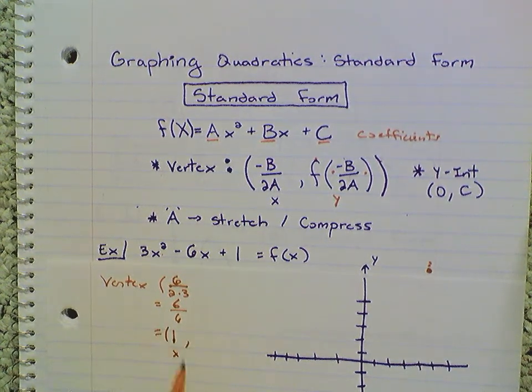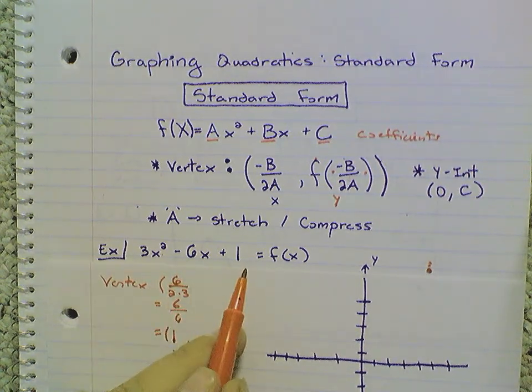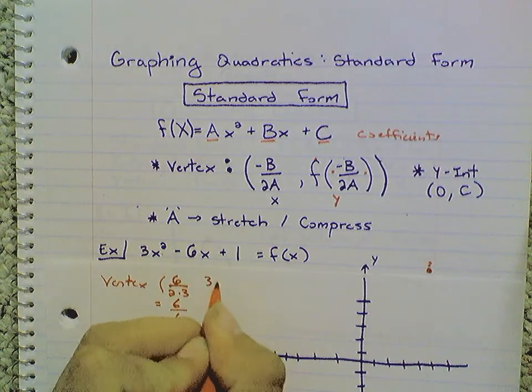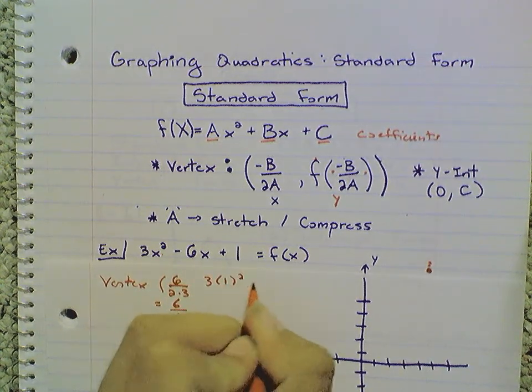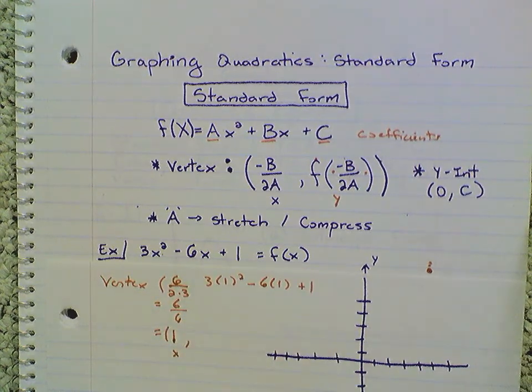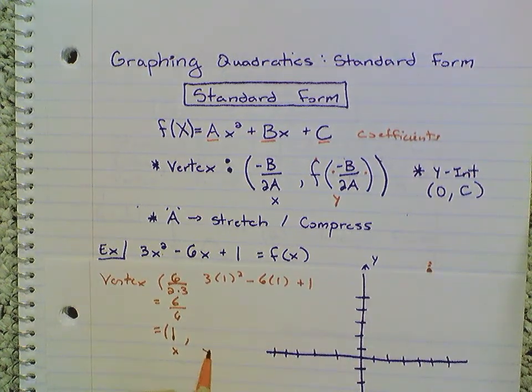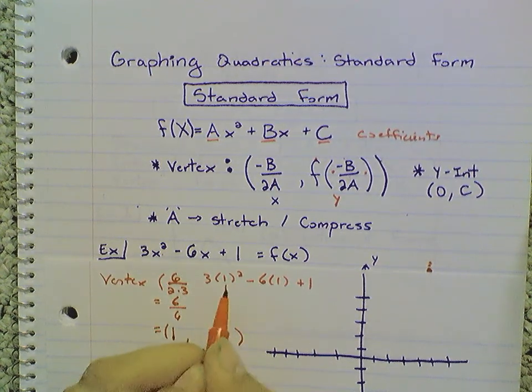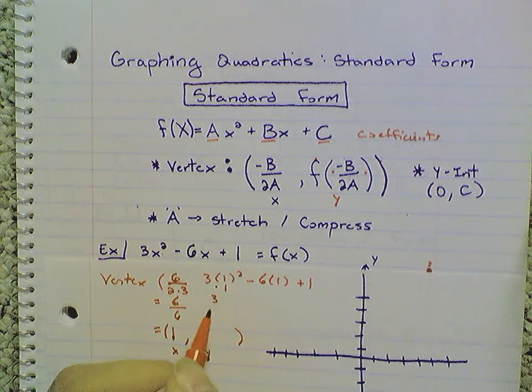And then to find the y-coordinate, I have to plug the x-coordinate I just found back into my function. So if I take 3 times 1 squared minus 6 times 1 and then add 1 to that, I can solve this to find my y-coordinate. Well, 1 squared is just 1. 3 times that 1 is just 3.